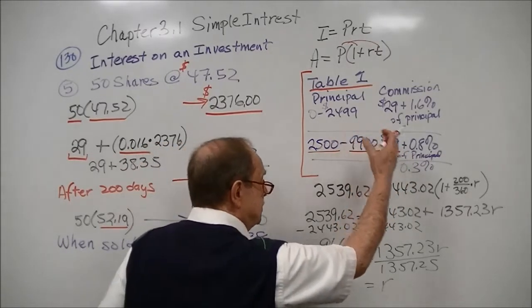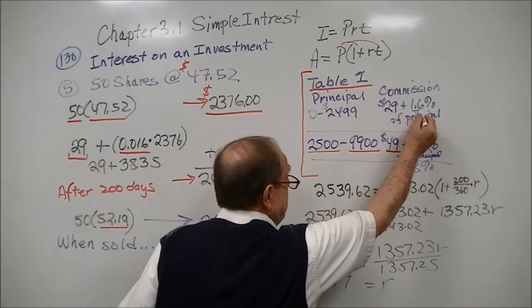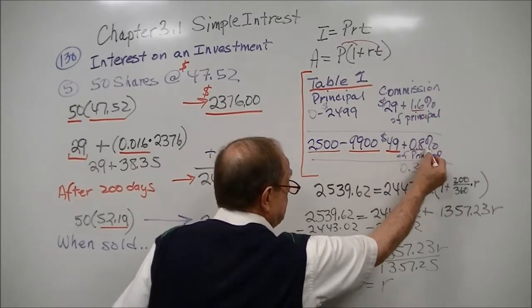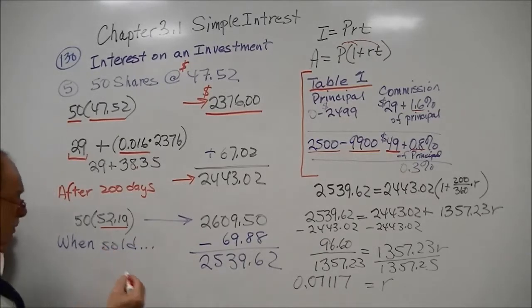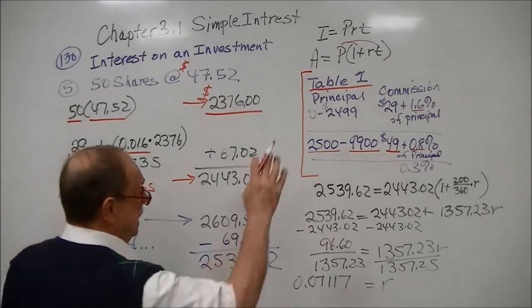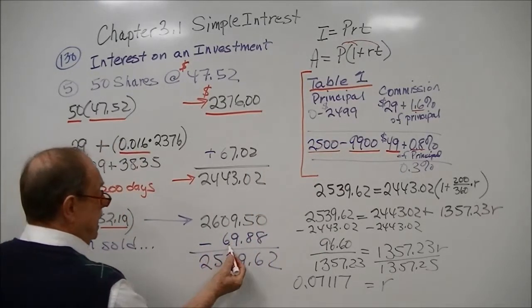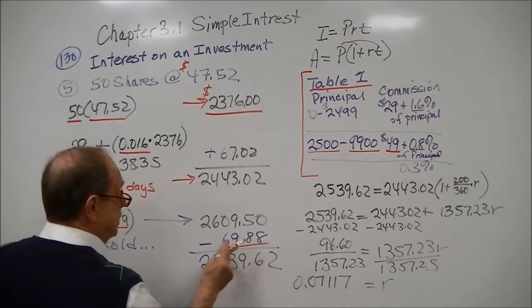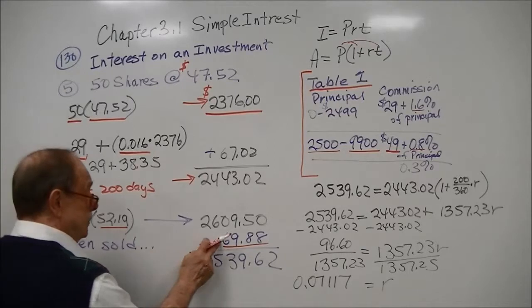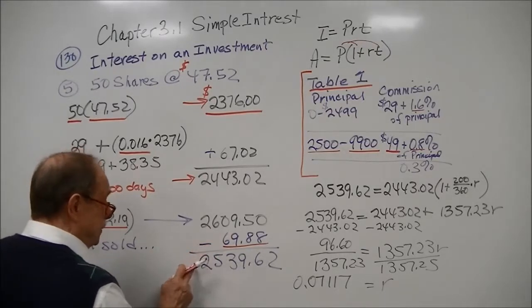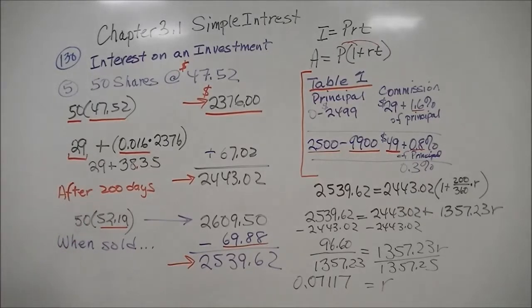And now, since it's more money, the rate has gone from 1.6 to 0.8%. When I figured that out, it came to this amount, that when you sell the stock, you have to pay that. So this is what they're going to give you in hard cash, or a check.